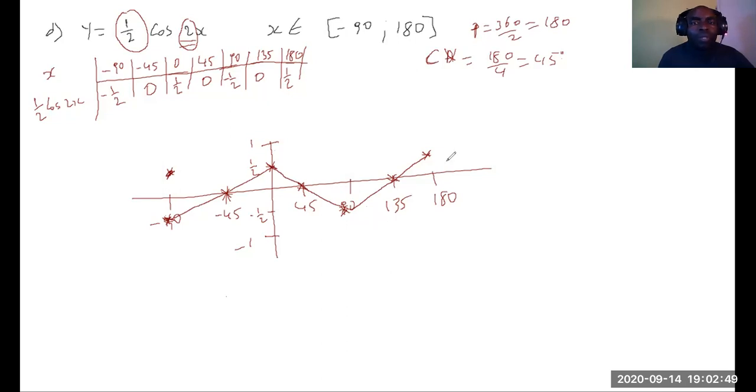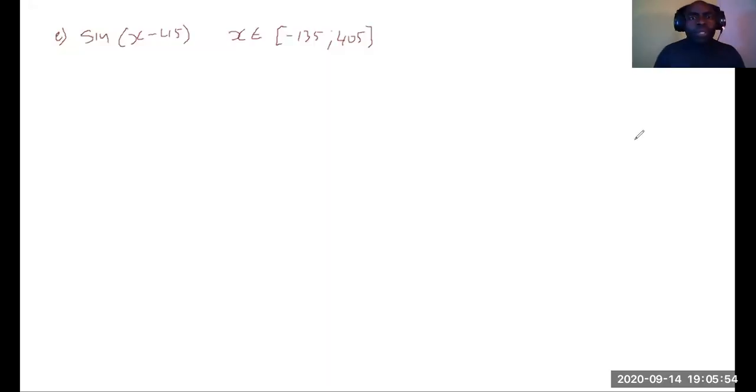This is the graph, which is y equals a half cos 2x. That's perfect. A typical example where we are able to observe the horizontal shift coupled with a change in the period.